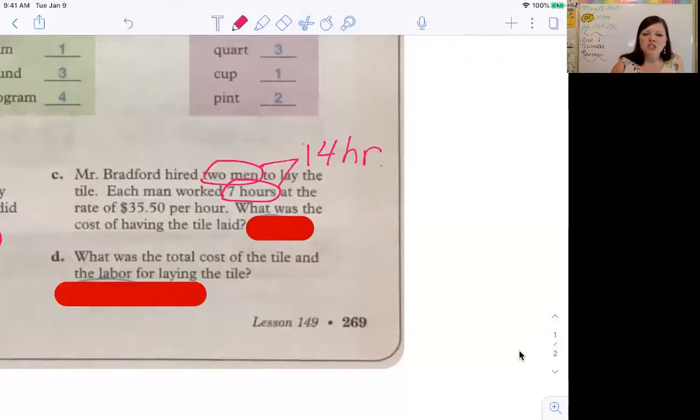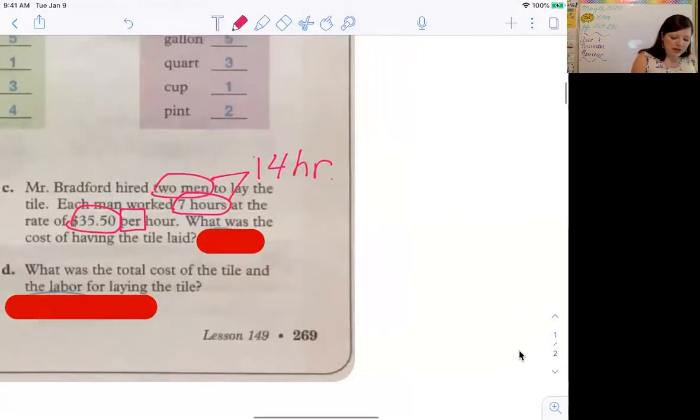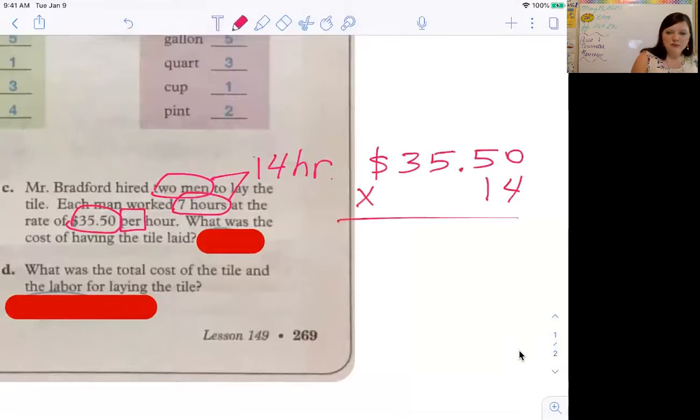What was the cost of having the tile laid? It's $35.50 per hour. Remember, per means to multiply. So we need to multiply $35.50 times, let's put that decimal so we can see it, times 14.